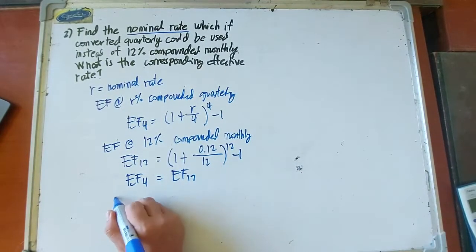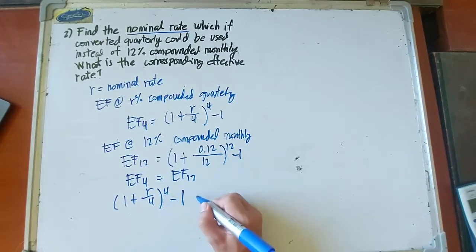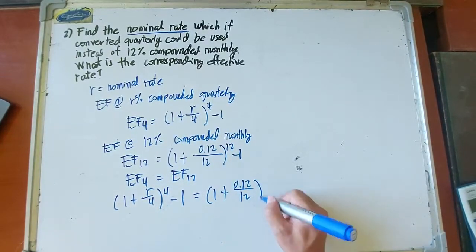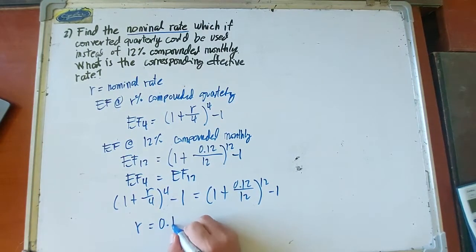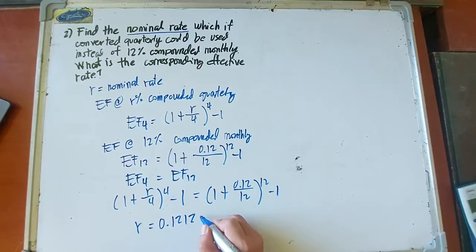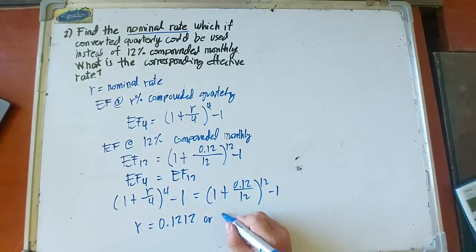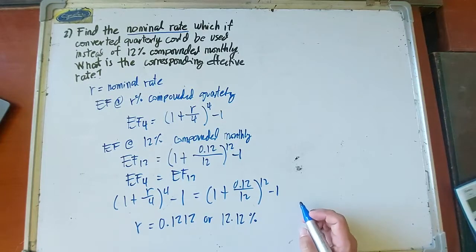So 1 plus R over 4, raised to 4, minus 1 is equal to 1 plus 0.12 over 12 raised to 12 minus 1. So the nominal rate is equal to 12.12% compounded quarterly.